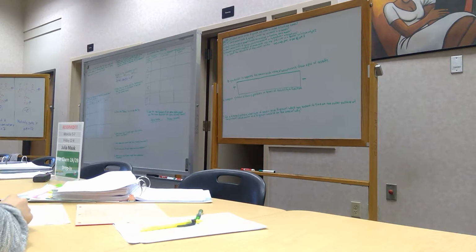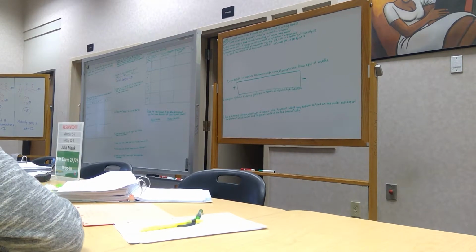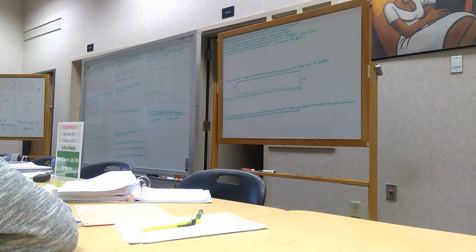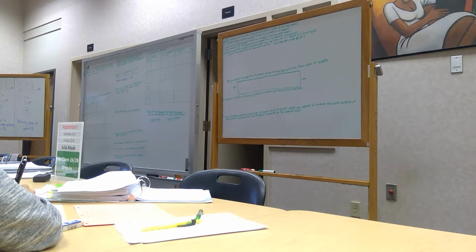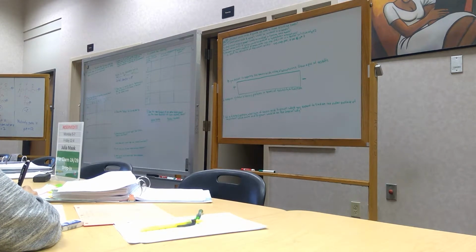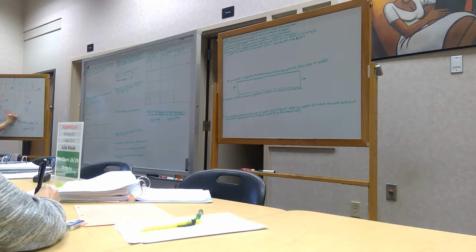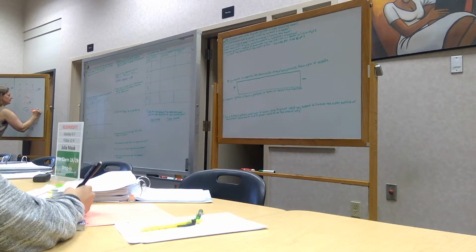Okay, so will it migrate toward the, does it say positive or negative? If it's positive, it will migrate to the negative electrode. Negative, so it will migrate to the positive electrode.